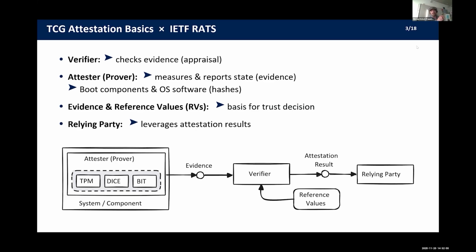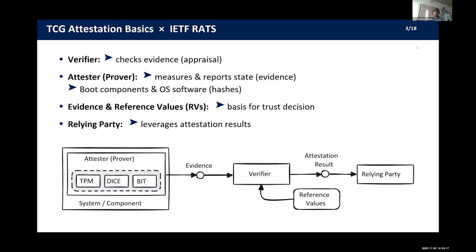Basically, this picture here is exactly what Henk already explained. It's a bit more simple because I left out the verifier owner and some roles here. And that's the model that we generally have in attestation. In the middle, we have the verifier, which receives evidence from an attester.